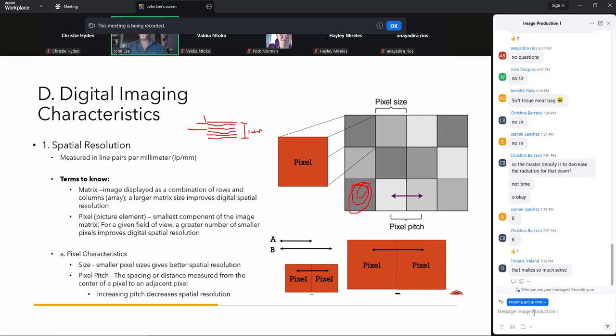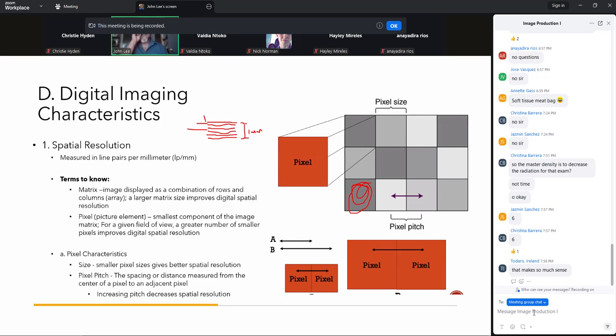For a given field of view, we have a specific size that we're limited to. The more rows and columns we have, the larger the matrix. Okay. But in order to have more rows and columns, the pixel sizes have to be small. All right. So in this case, our resolution for a given field of view, the larger the image matrix, the better the spatial resolution, because the pixels are small.